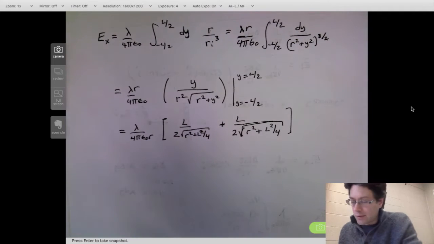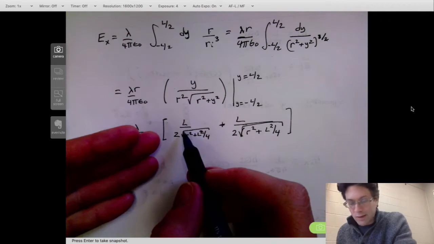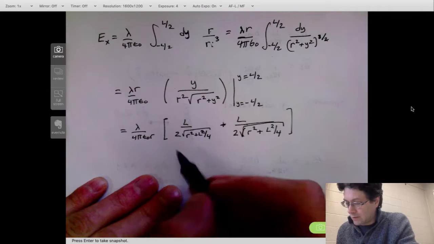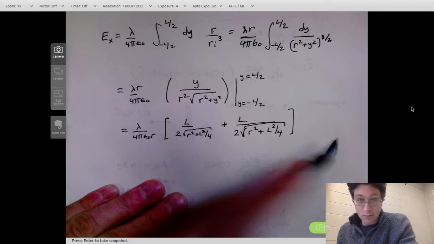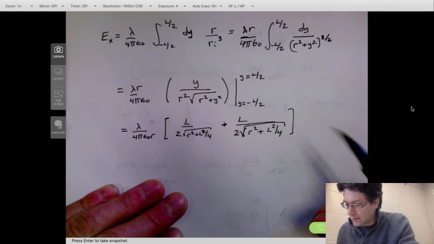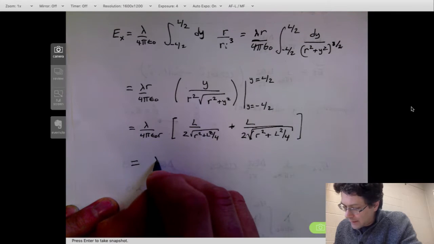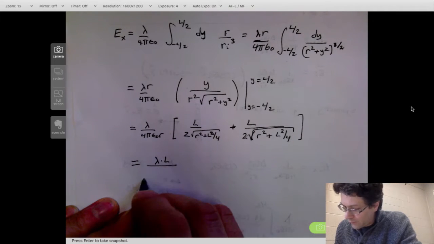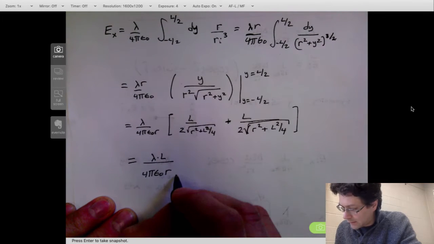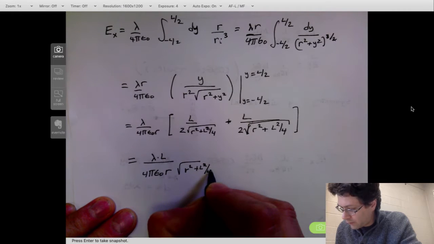In the y direction, you would have found that the contribution from the top would have one sign and from the bottom the other sign, and you get 0. In the x direction, both the top and the bottom give you something to the right, so they have the same sign and you just get a factor of 2. So the 2 here cancels, and we end up with lambda times L over 4 pi epsilon naught times r, times the square root of r squared plus L squared over 4.